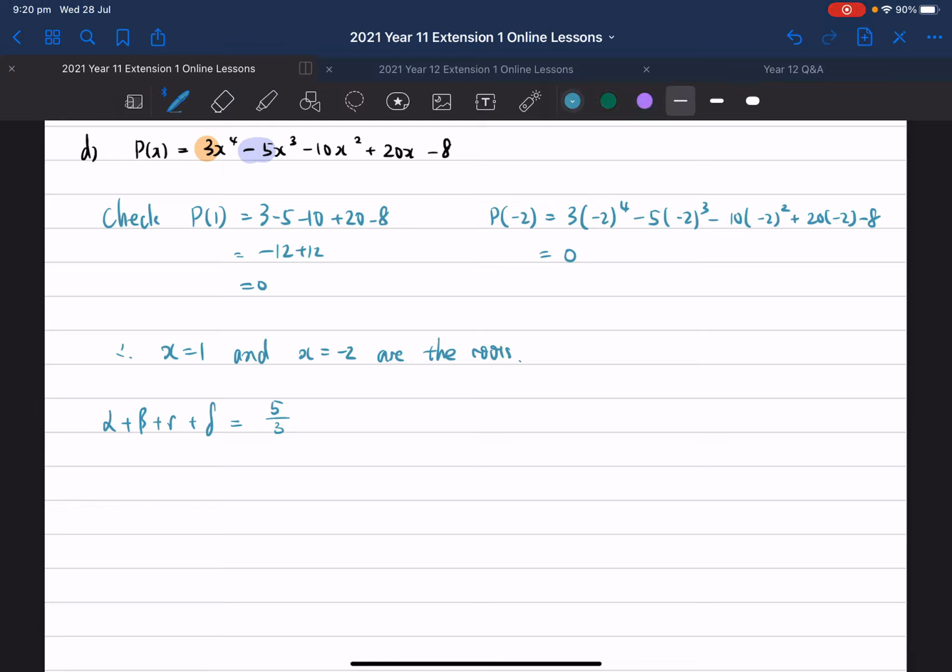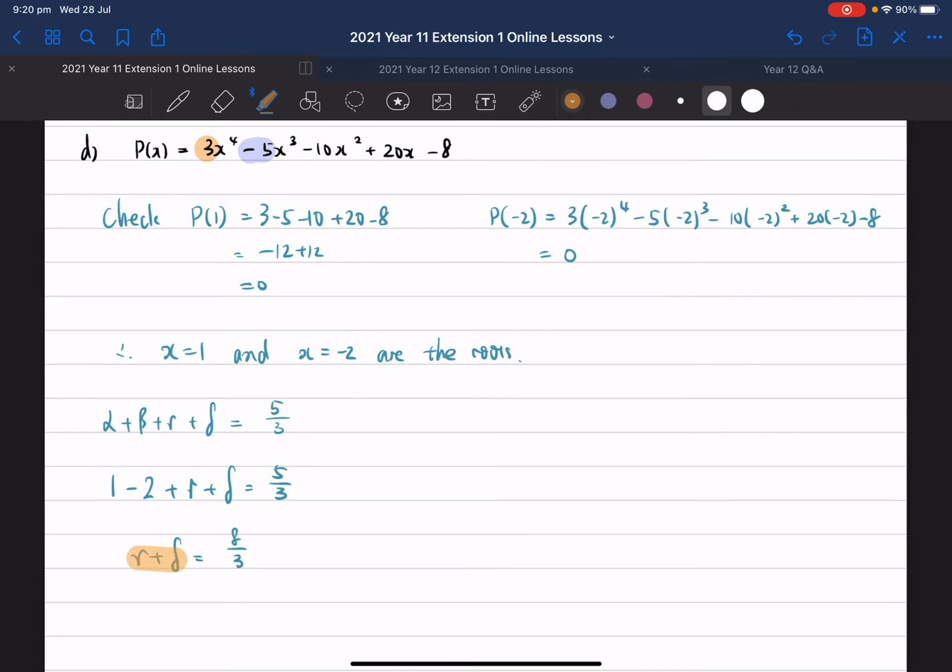Now we know alpha and beta are 1 and minus 2, the two numbers there. So we can substitute: 1 minus 2 plus gamma plus delta is equal to 5 over 3. So gamma plus delta is equal to 5 over 3 plus 1. I think that's 8 over 3, if my calculation is right.